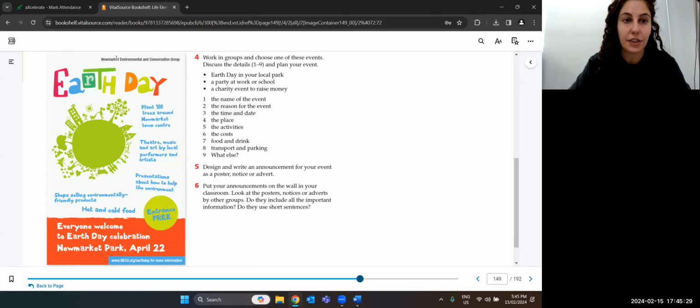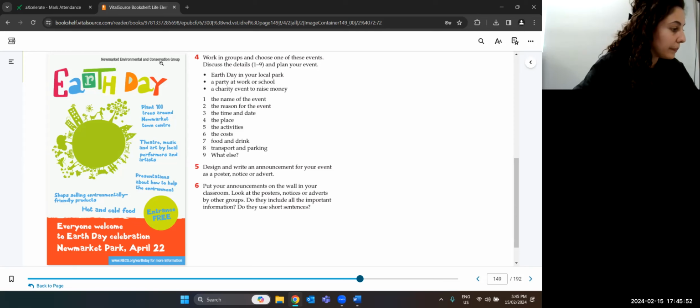You need to know who is organizing this. So I can see here it says Newmarket Environmental and Conservation Group. To me, that sounds like they are the people that are organizing this Earth Day. So the event is called Earth Day, and it is by the Newmarket Environmental and Conservation Group.